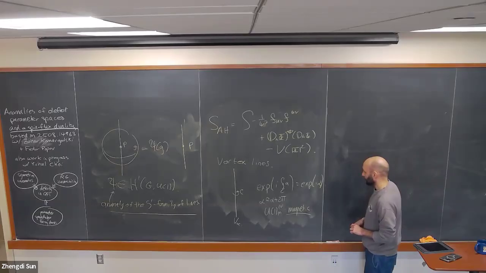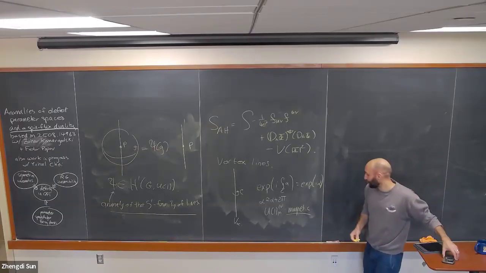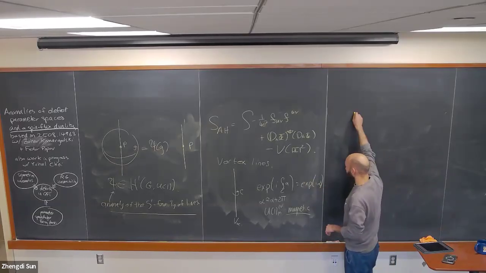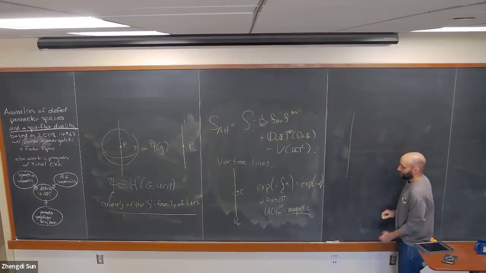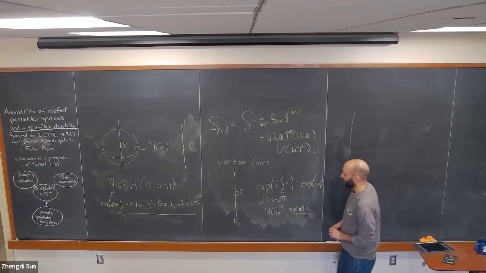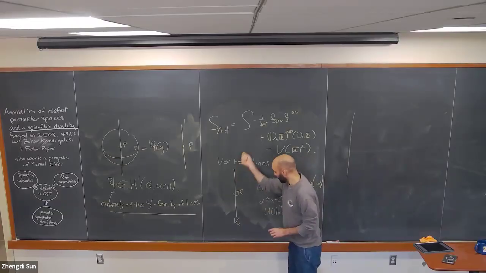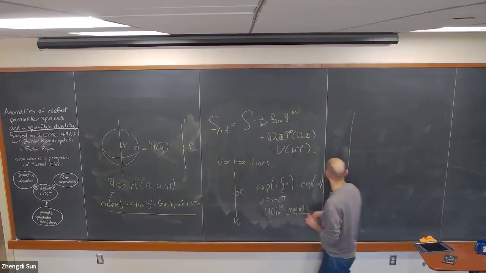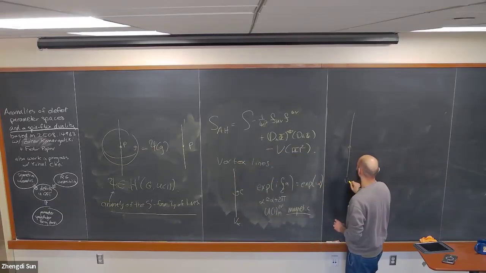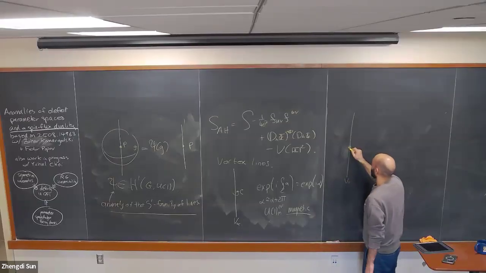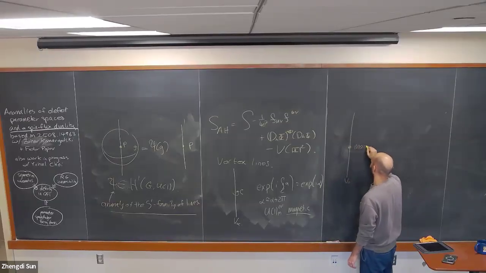And actually, I have so little time, so let me just tell you what the answer is. What is the pumping operator that you get when you quickly pump these vortex lines from 0 to 2 pi? The pumping operator that you get turns out to be precisely a magnetic monopole.